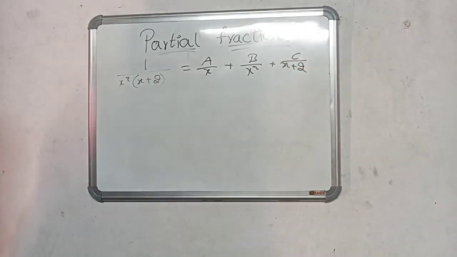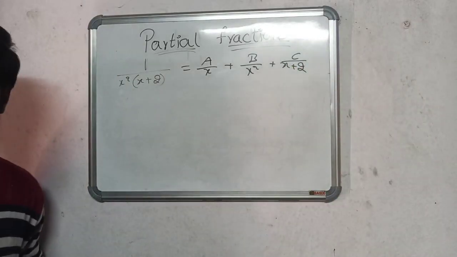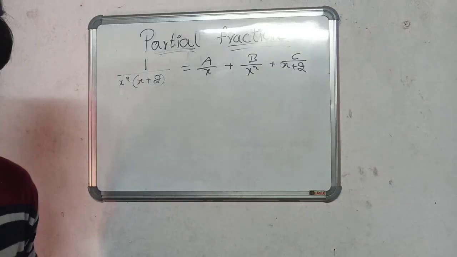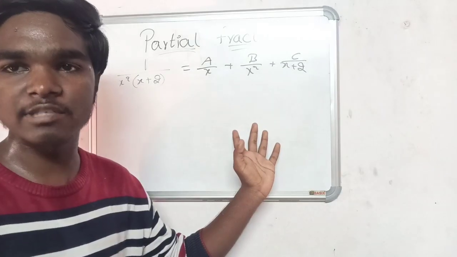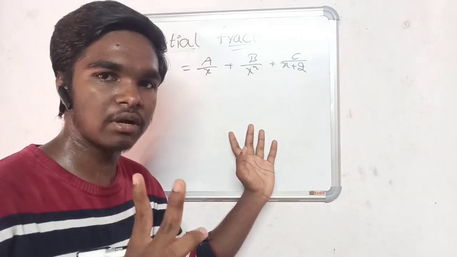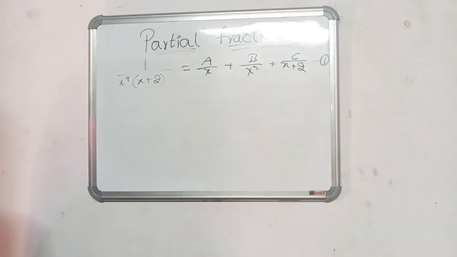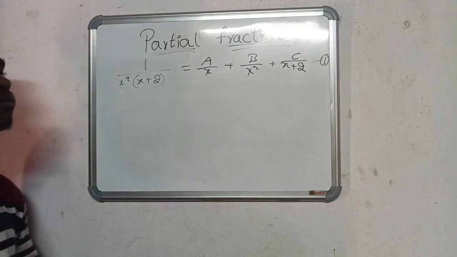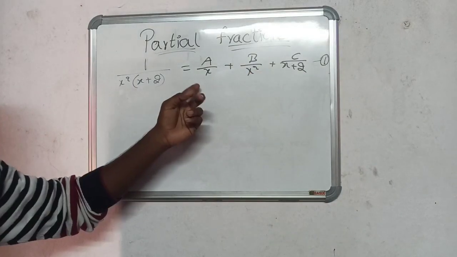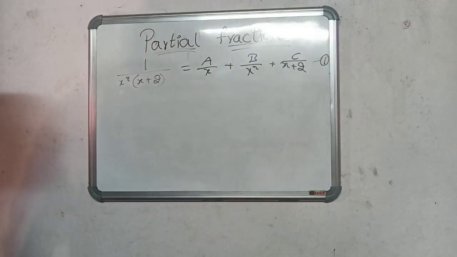This is the only difference in writing the expression. Then keep this expression as expression number 1. Now the second step is the same. We want to take the LCM of the whole and write it as a single expression.